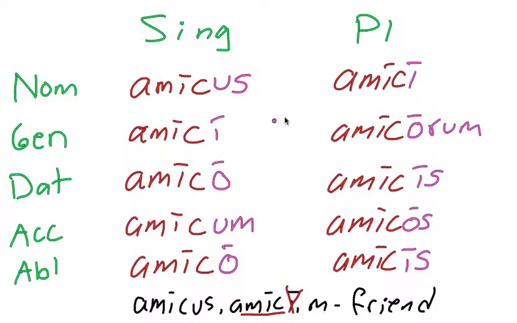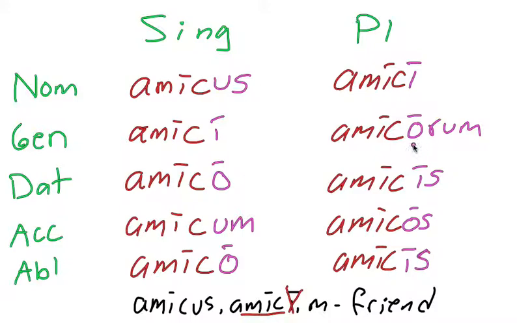The dative and ablative plural are the same form too. They're both IS, just like in first declension. And instead of AS for first declension accusative plural, we have OS, and instead of AM, we have UM. So second declension is commonly called the O declension because it has so many O's in its forms.